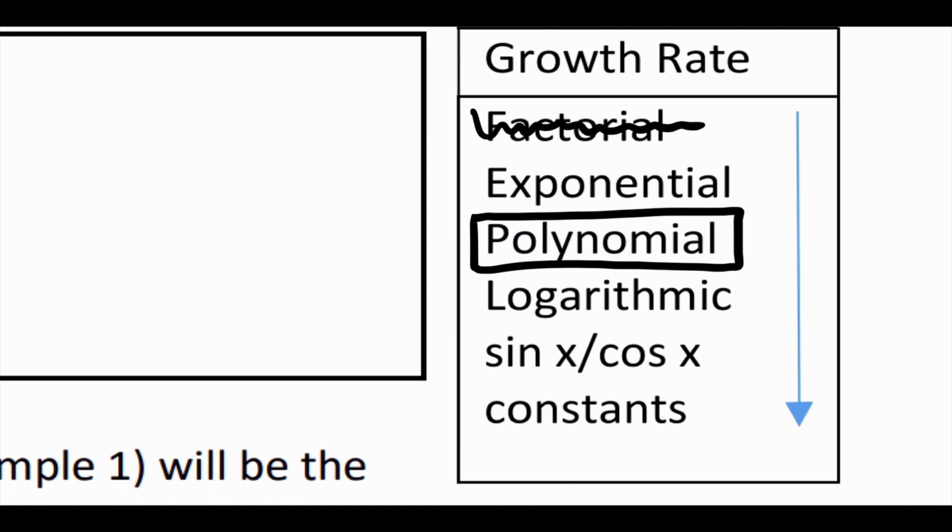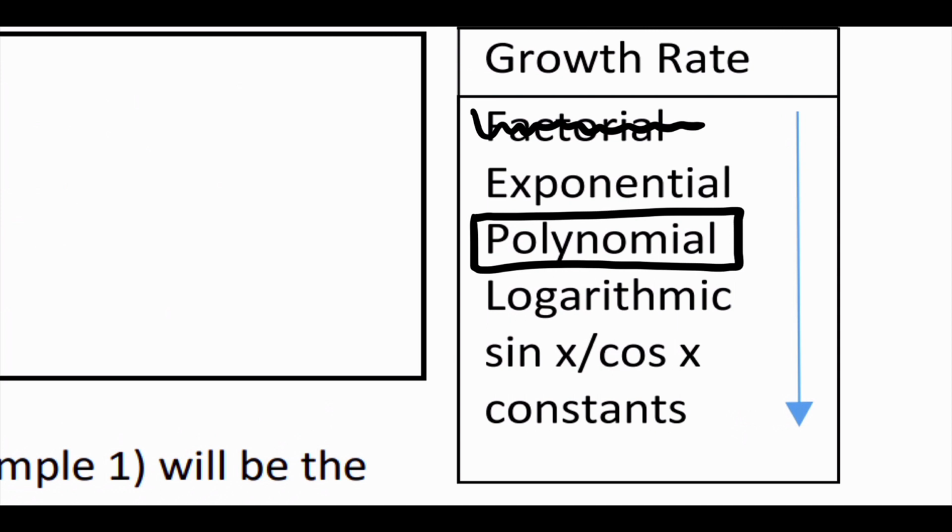If you see a number with an exclamation point behind it, like 5 exclamation point, it's 5 times the next biggest integer times the next all the way to 1. Those things grow extremely fast because you're multiplying, but we don't have to deal with those in this class.